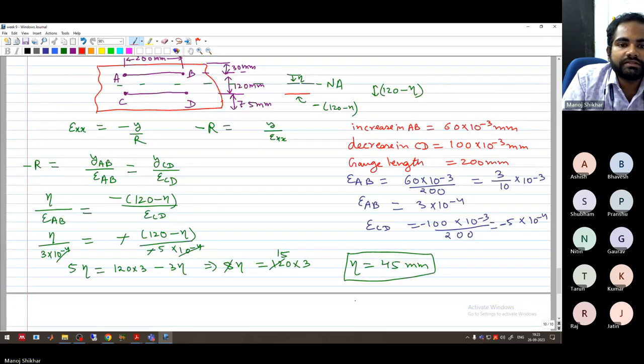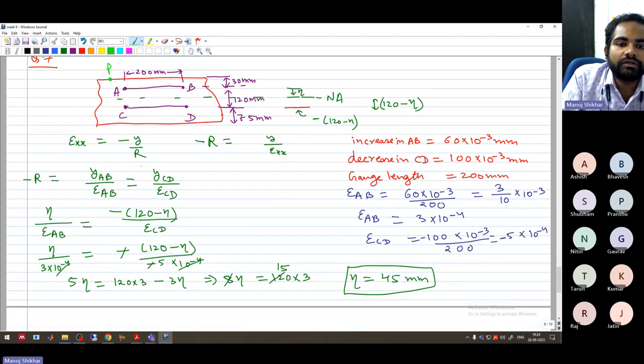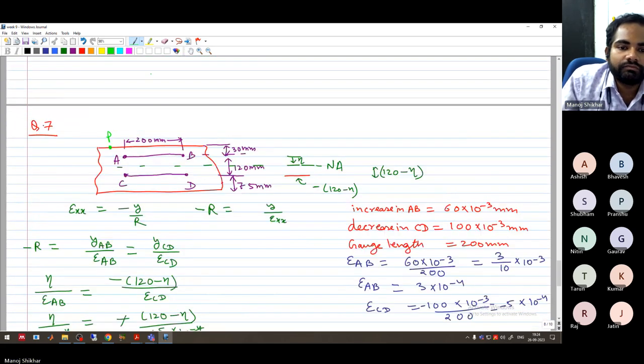Similarly, since this r is the radius of curvature of the neutral axis, if we look at this r from the point on the top, let us assume we are looking from some point P here. There also we can use the formula minus r equal to, suppose these two points P and Q are there.